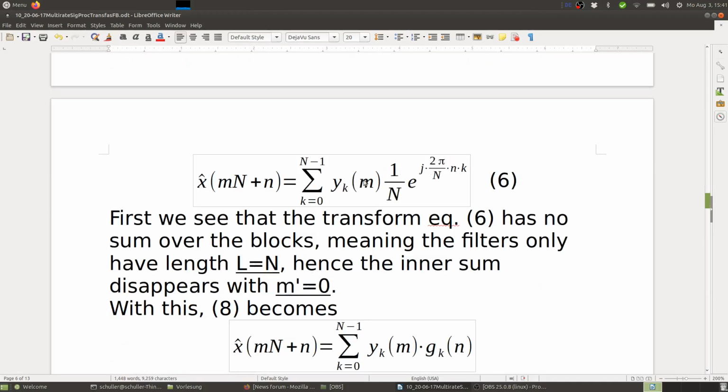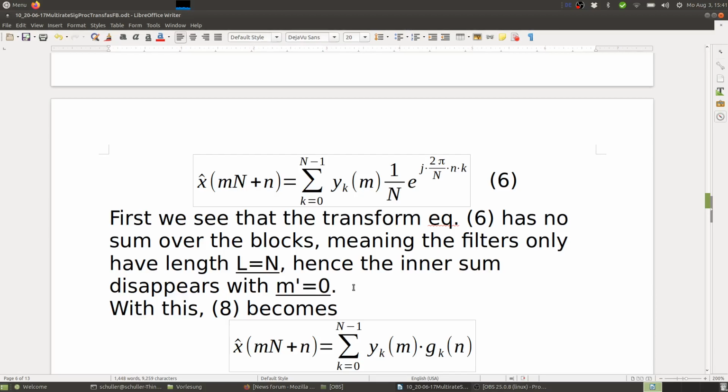Right. So we see that we get a similar appearance if we have a length of our filter of L equals N. Right. We have no sum over the blocks, meaning the filters only have length capital L equals capital N. Hence the inner sum disappears with m prime equals 0.